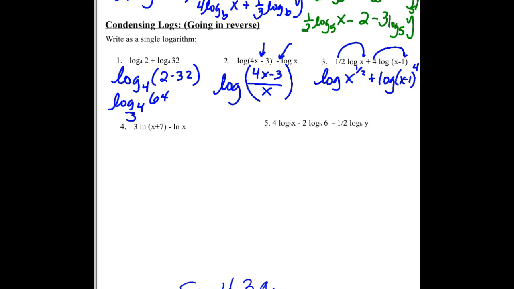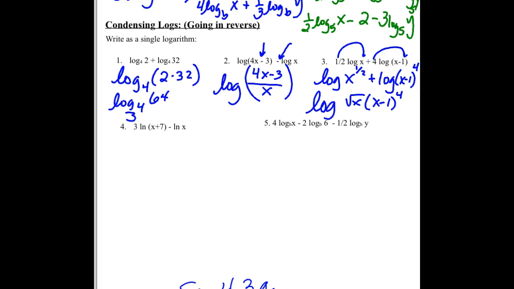And then the addition is going to condense back into multiplication. So we're going to write the log of, and I don't care if you write x to the 1/2 or the square root of x, either one's fine, times x minus 1 to the 4th. We're taking log of all of that.